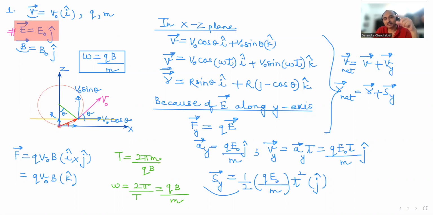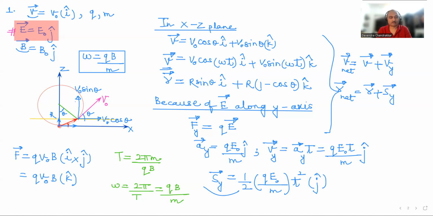This is a case of helical path with increasing pitch. The distance is increasing. I hope all of you understood this. Yes or no? Yes, sir. लिखो इसको जल्दी से, कॉपी करो.